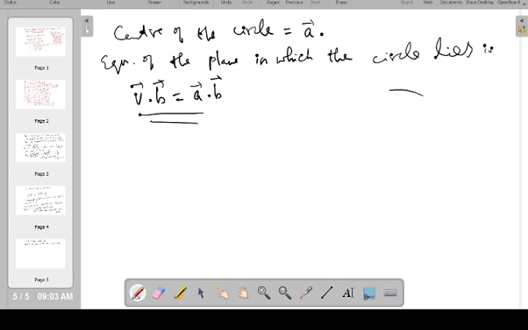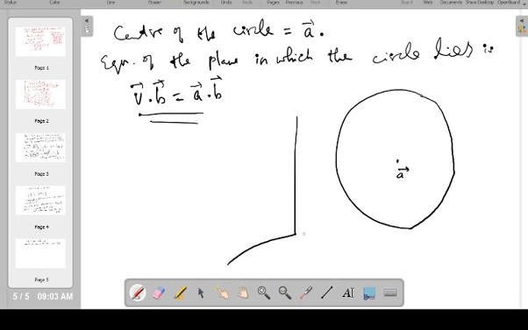So in figures, you will get something like this. I will draw the sphere. Yes, this is the sphere. This is the center vector A. Gamma lies on a plane perpendicular to B. So if B is this vector, B lies at the origin. Remember, this is x-axis, this is y-axis, this is z-axis.